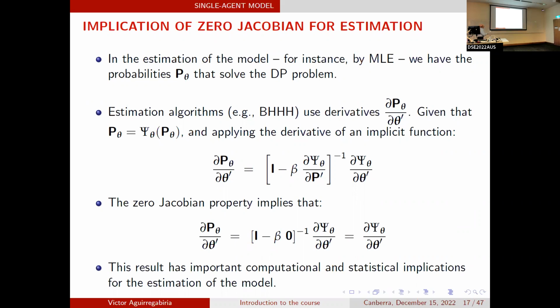Let's take the derivative with respect to theta, both in the left-hand side and the right-hand side of this fixed point condition. Then what we have is that this vector of derivatives will enter in our BHHH method for the maximization of the likelihood function.